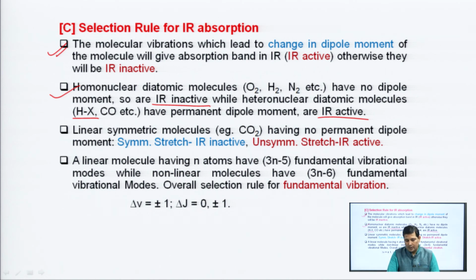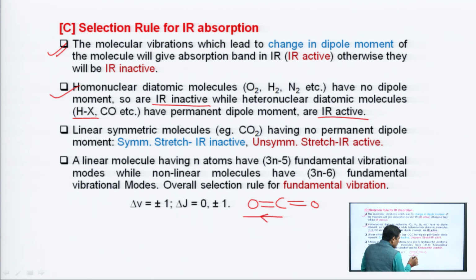So, note this. One interesting example we can select is CO2. If we consider CO2, it is O double bond C double bond O. By the concepts of chemical bonding, we know that this molecule is non-polar, so it will be IR inactive as I stated earlier. Suppose here is symmetrical stretching.